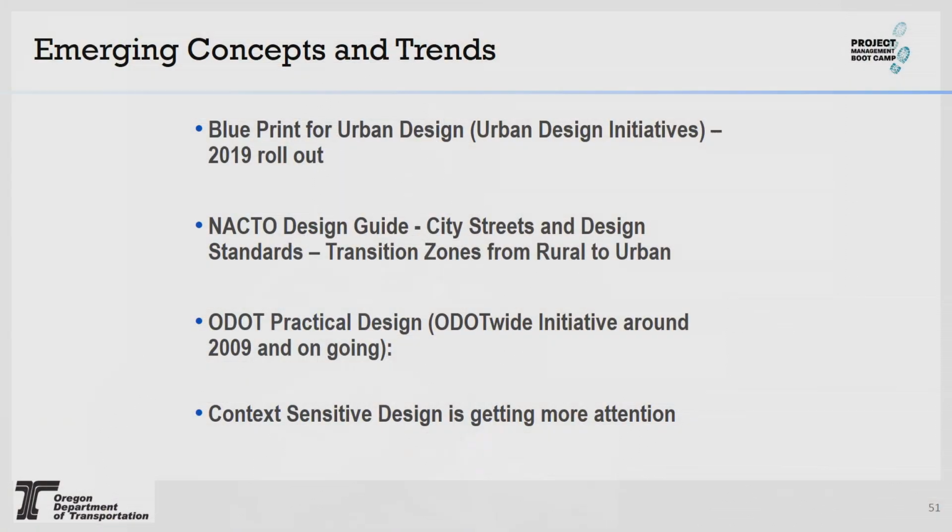I'd like to bring here a couple of emerging concepts and trends. Blueprint for Urban Design. We just had the 2019 rollout. This is a kind of bridging document between the ODOT standards and city demands, needs, and desires.